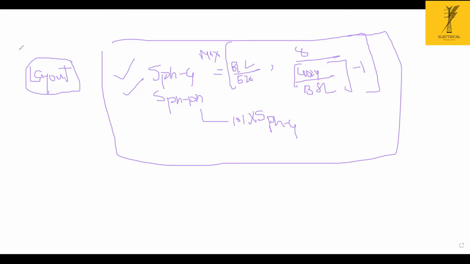Fine. So to prepare a layout, generally we need to know the clearances from the earth, so obviously the phase to ground clearances, and the clearances between the phases, like phase to phase.